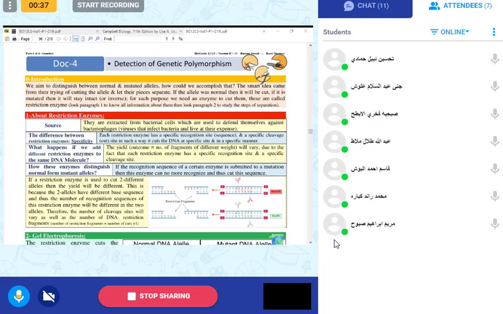Subhiyya, do they cut anywhere? No, sir, specific. What do we call these? Restriction site. Yes. So each restriction enzyme should recognize a restriction site in order to cut at this site. What happens, Subhiyya, if you change one nucleotide in this site?